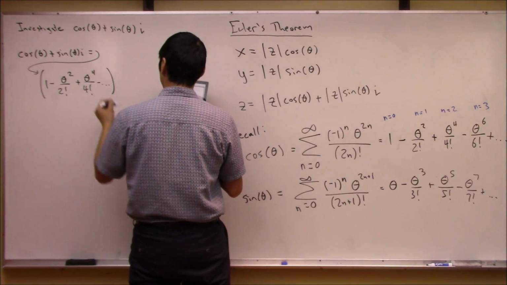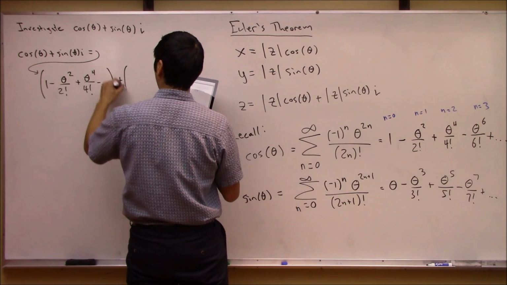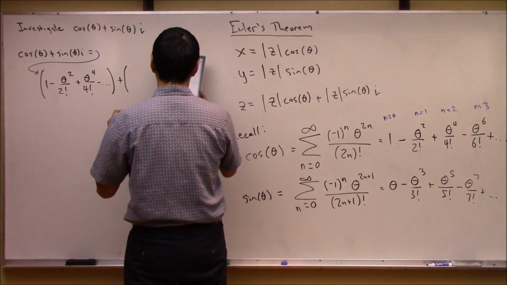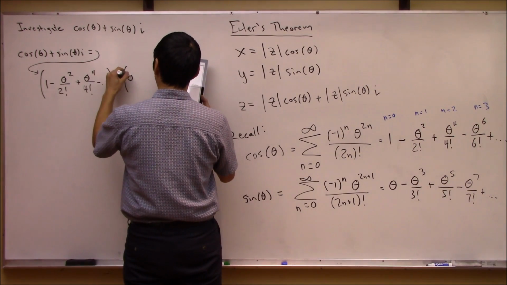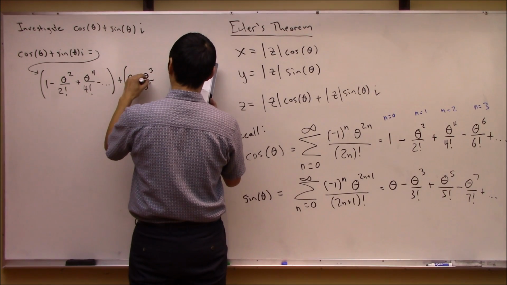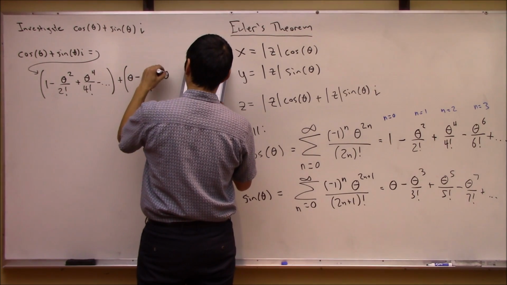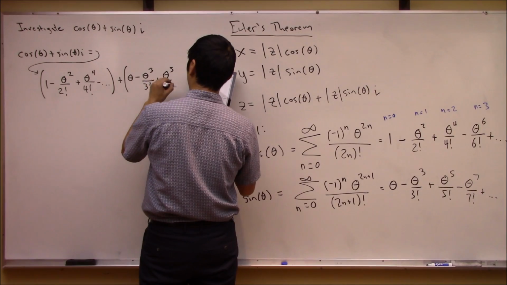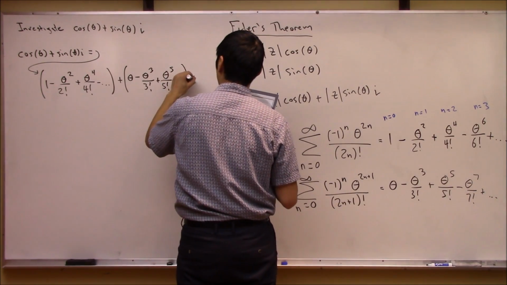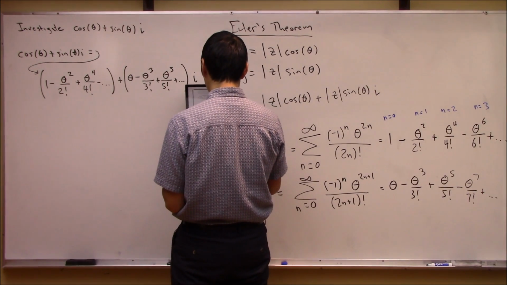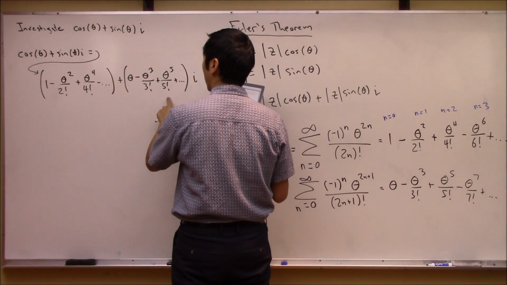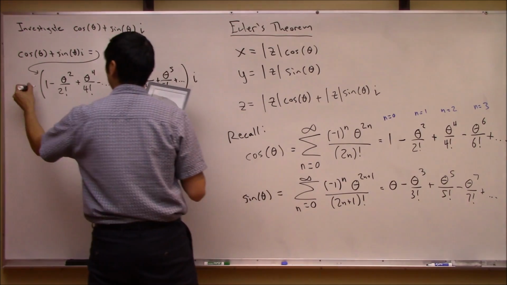This thing plus, okay, sine theta is, again, this entire infinite series. So again, let's just write down a couple of these terms. We don't need to do all of them. So it's theta minus theta cubed over 3 factorial plus theta to the 5th over 5 factorial plus da da da da da. And then again, don't forget the I, right? So this is I. Okay, so now let's distribute this I through these terms, okay?